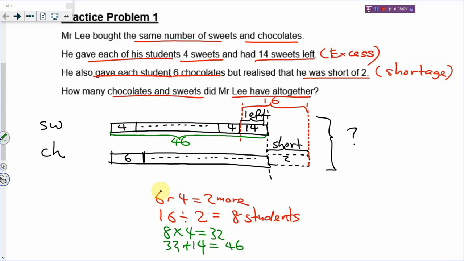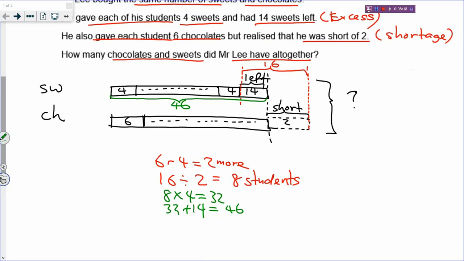46 sweets. Now how do we know whether the answer is correct? Did Mr. Lee buy 46 sweets? Can we check? Yes, we can. If there are 8 students and everyone is going to get 6 chocolates each, then that will be 8 students times 6 chocolates each.